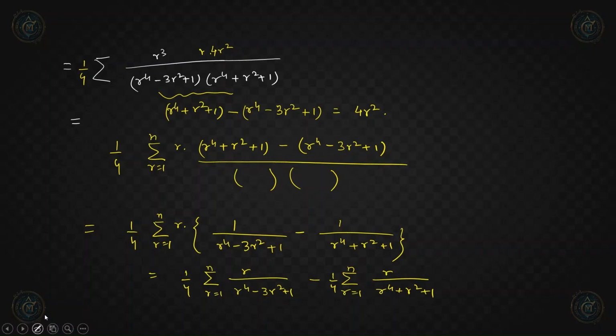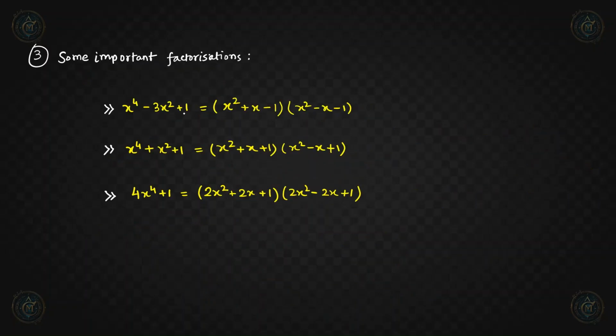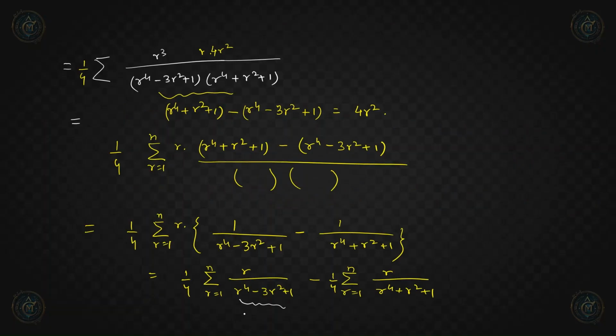We can again use the concept of splitting this summation into two telescopic terms, right? Because we know the factorization of this expression. The factorization is r square plus r minus 1 times r square minus r minus 1. Okay, so r square plus r minus 1 and then r square minus r minus 1, right?